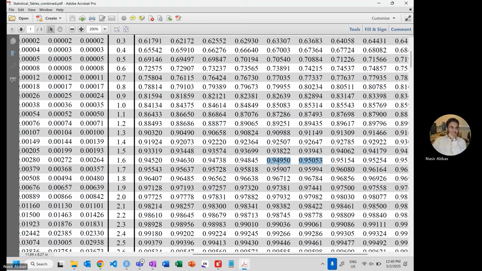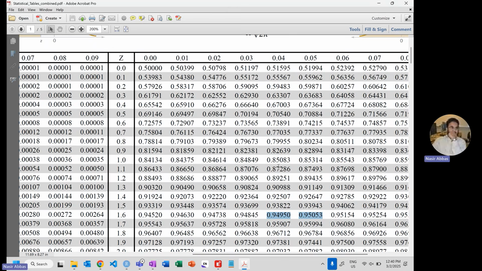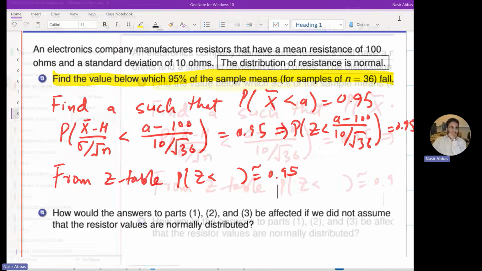Be attentive now, I'm going to give you a very important point. 0.95 is almost right in the middle of these two. In the exam, if you take the value 1.64, it will be accepted. If you take 1.65, it will be accepted. But the best thing to do is to go right in the middle of 1.64 and 1.65. What is in the middle? 1.645.